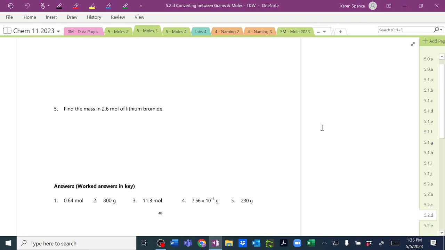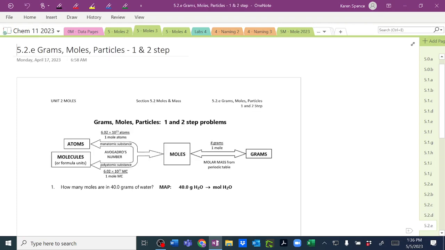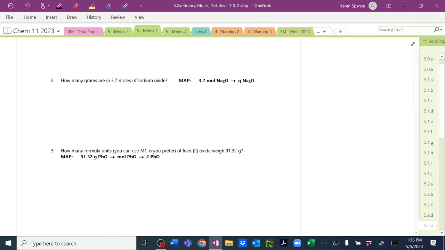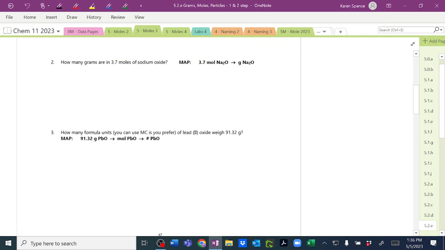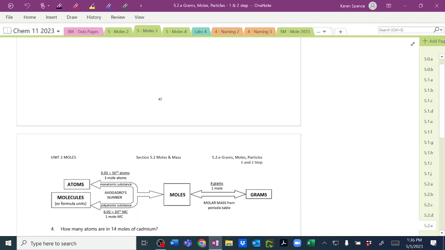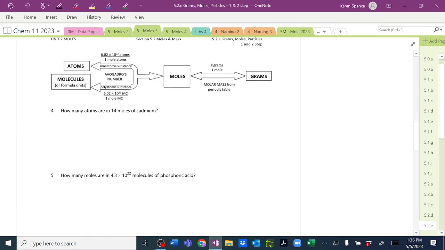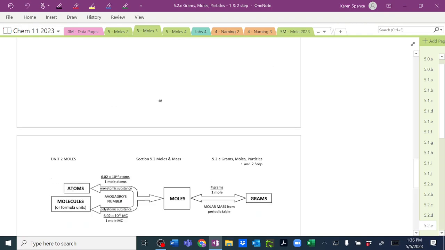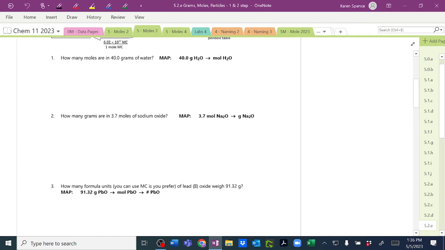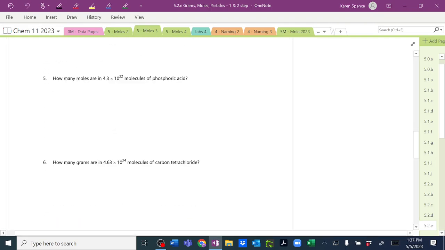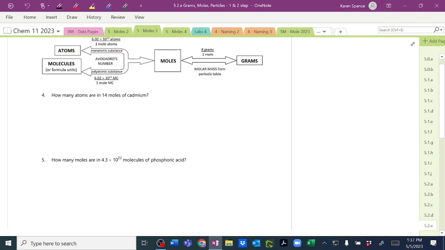There we go. And finally, pages 47 and 48, numbers 1, 3, 5.